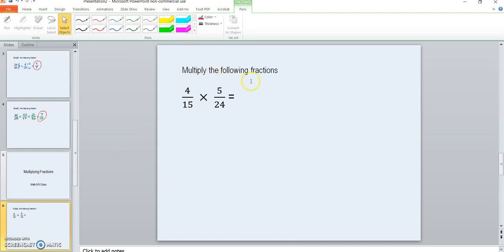So in this one, we're multiplying fractions. When we multiply fractions, we are multiplying the numerator by the numerator and the denominator by the denominator. Now, a common mistake that a lot of people make is they just multiply right away, and they end up getting big numbers.